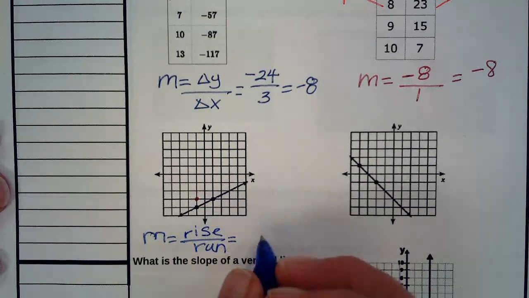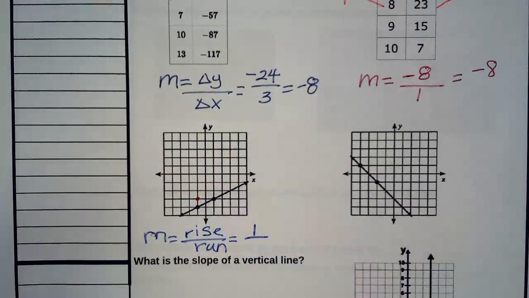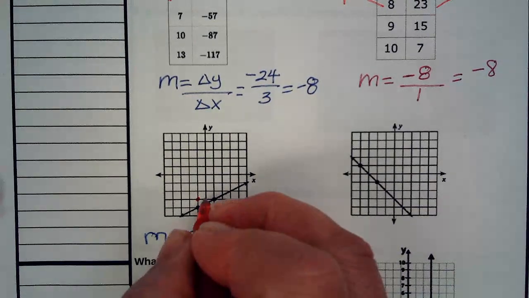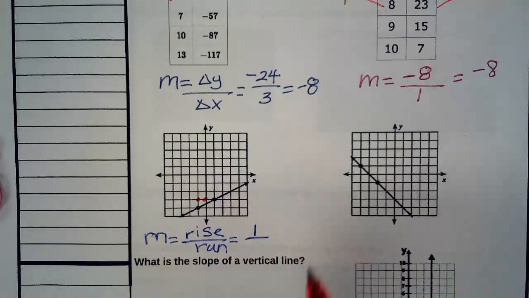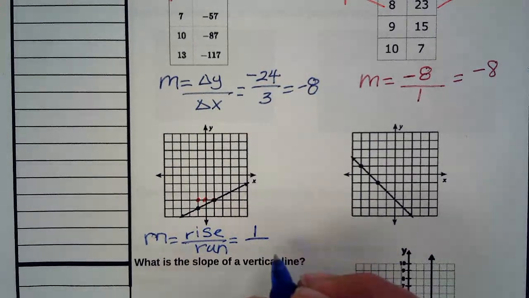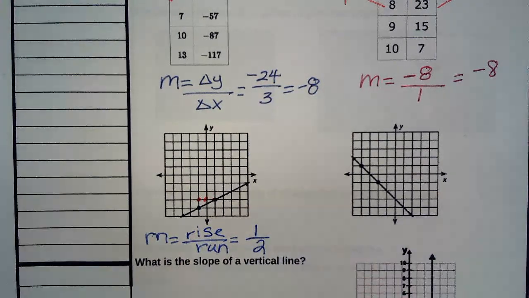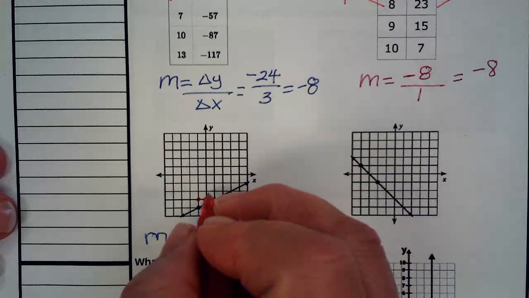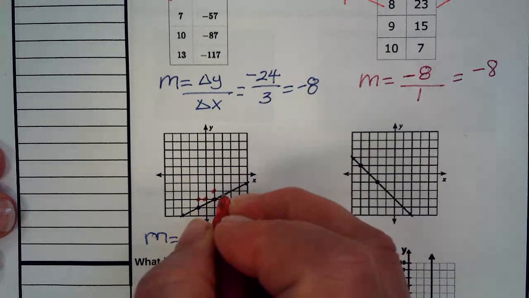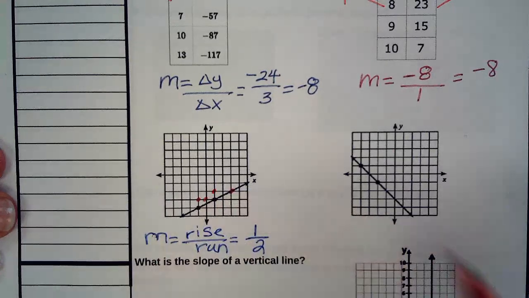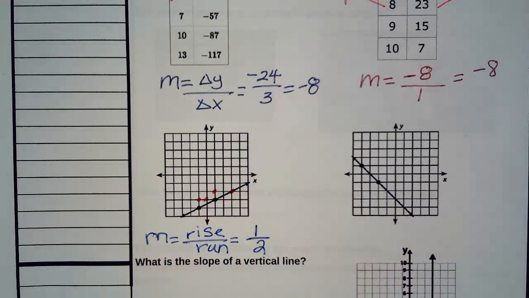I go up 1. I go right 1, 2. So my slope is 1/2. Will it work for another time? I can go up 1, I can go right 1, 2, and I could keep making points along the line as far as I wanted to.